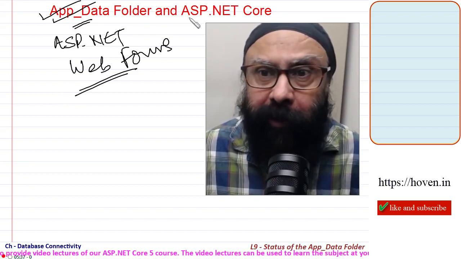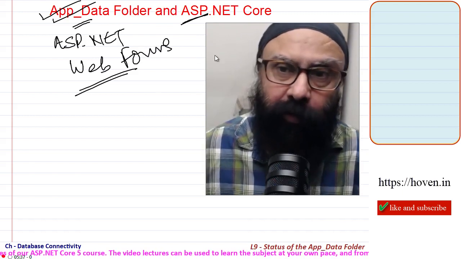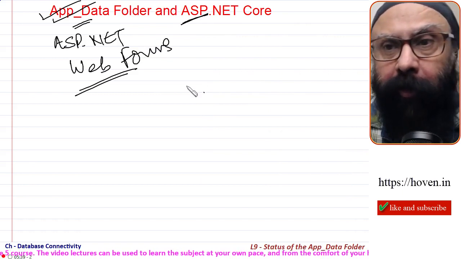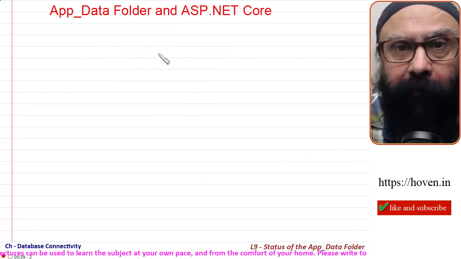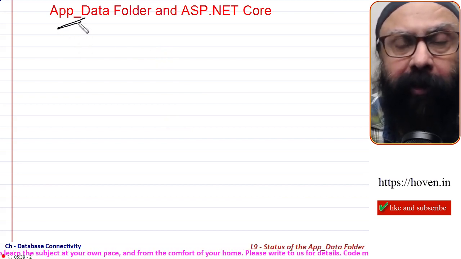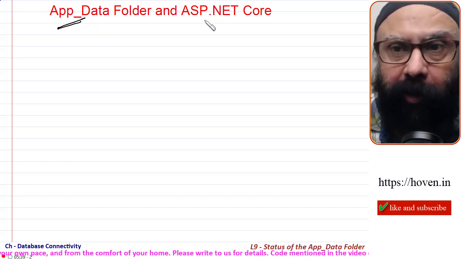Now what has changed in ASP.NET Core? Let us discuss that. For that, I have created a simple ASP.NET Core application also. First of all, let me explain that the special status of the app_data folder is not there in ASP.NET Core.